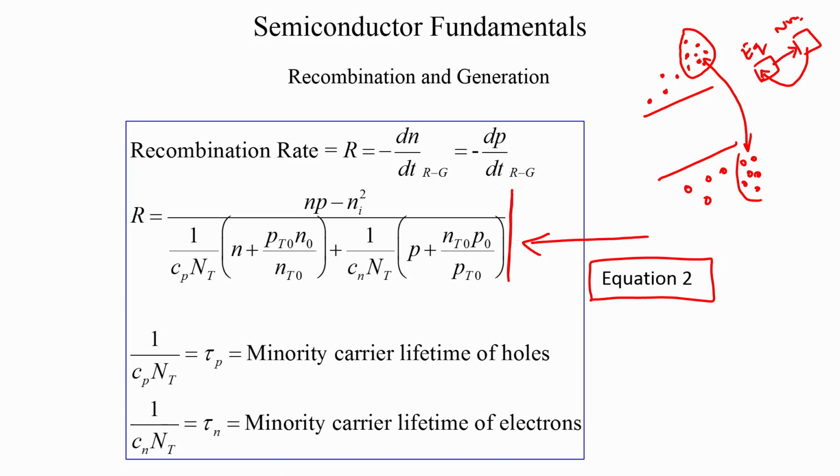So, if there are no more mechanisms to generate carriers and there is no other process to keep it in non-equilibrium condition, the semiconductor will head back to equilibrium, and it will head back to equilibrium by annihilating these excess carriers, because this is the equilibrium carrier concentration. So, in order for the semiconductor to get back to equilibrium, these excess carriers will have to recombine, and that rate can be calculated by calculating this recombination rate.